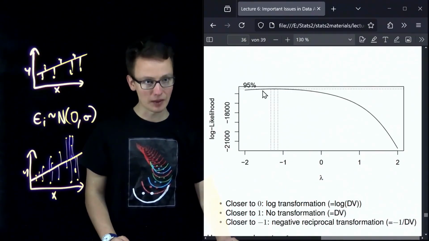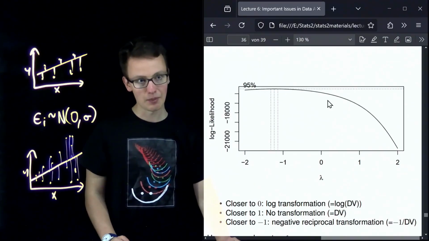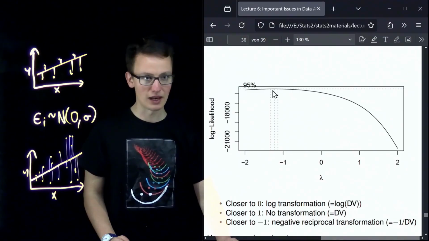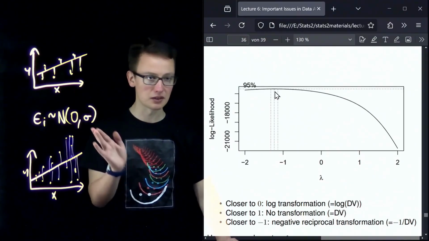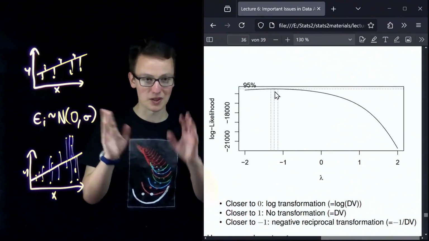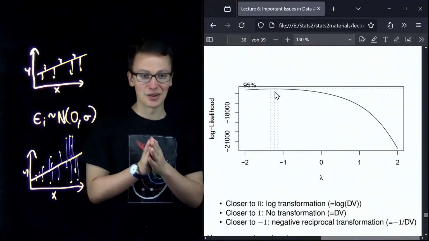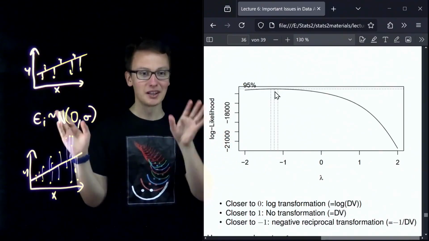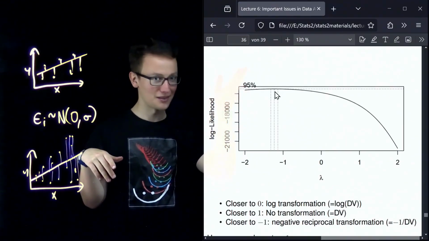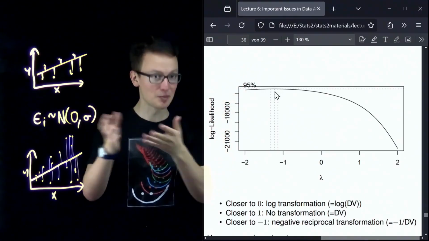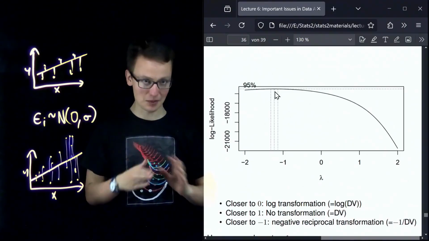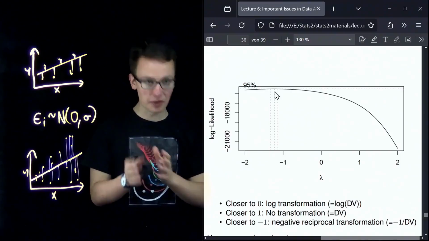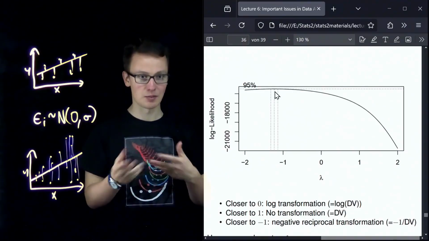Because you can see that this graph has a maximum, which is not at -1, it's actually a bit to the left of -1, at -1.3, let's say. So there is a possible, not so intuitive transformation that would correspond to lambda equal -1.2, I guess, which would be the optimal transformation we could do. But we want to limit ourselves really to these three options in order to keep the transformed variables somewhat interpretable.